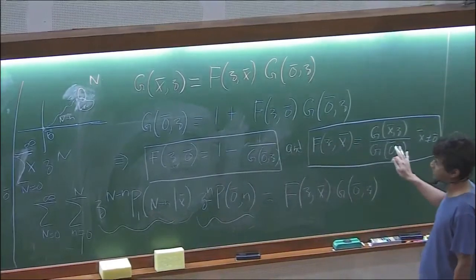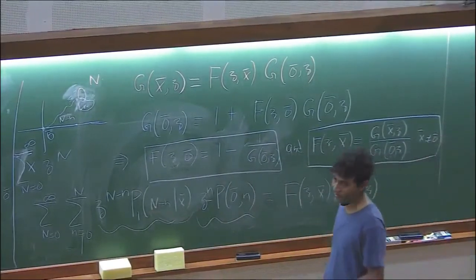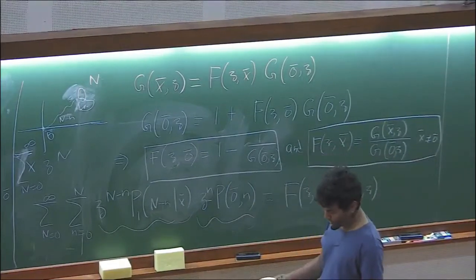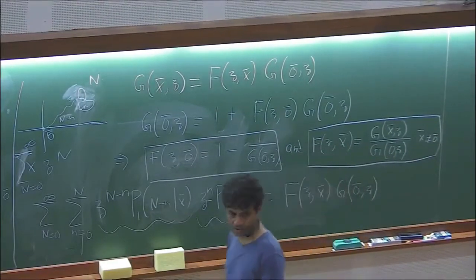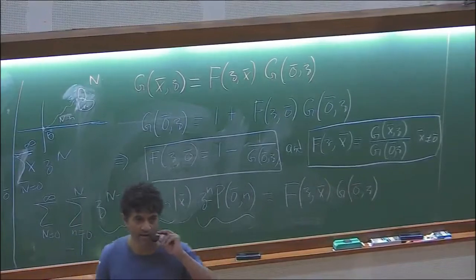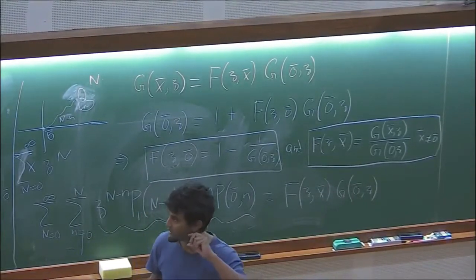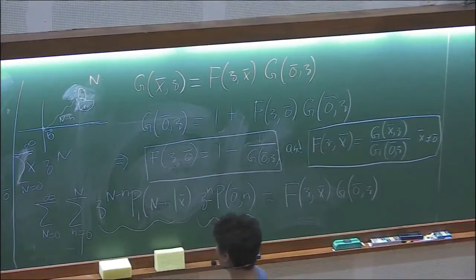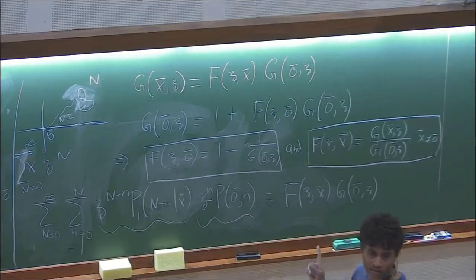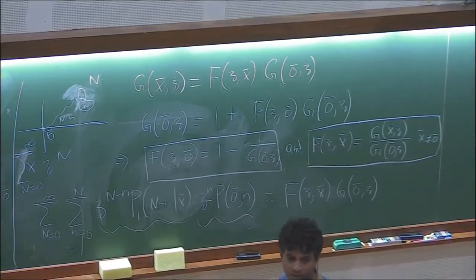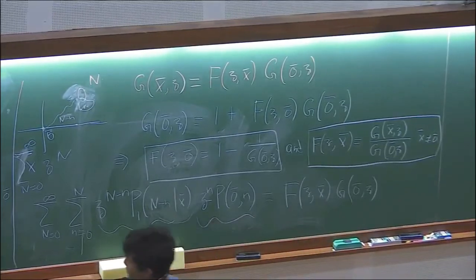So all this is known. Z equal to 1 is the previous. Maybe there are too many indices now, so it's a bit confusing.